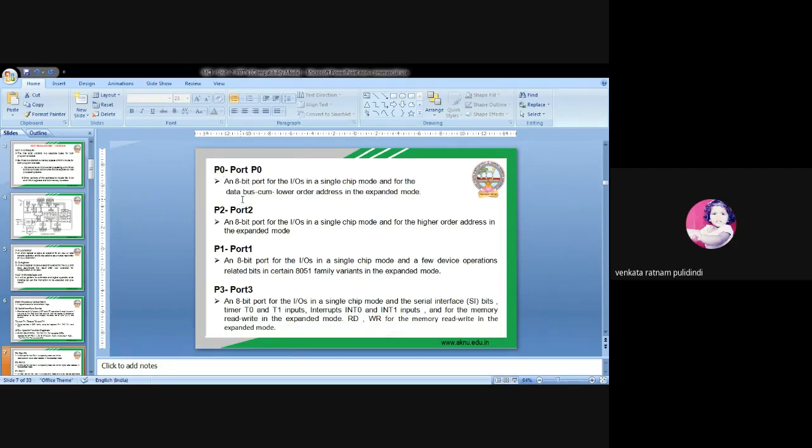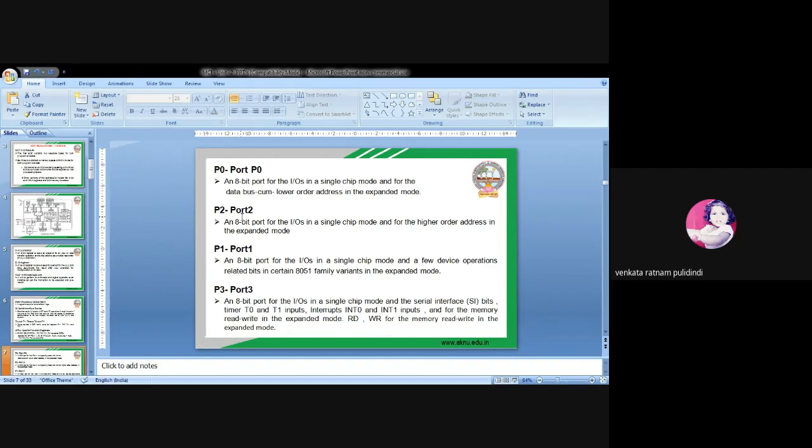It is also used for the data bus and lower address. For example, the 8051 has a 16-bit address bus, so we use two sets of 8 lines: AD0 to AD7, and another, A8 to A15 address lines.